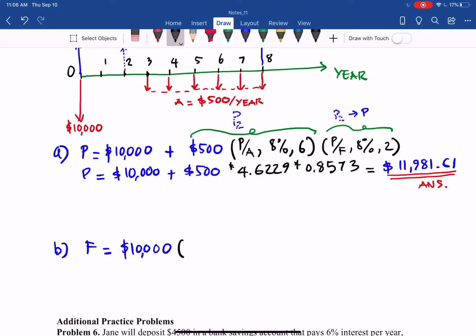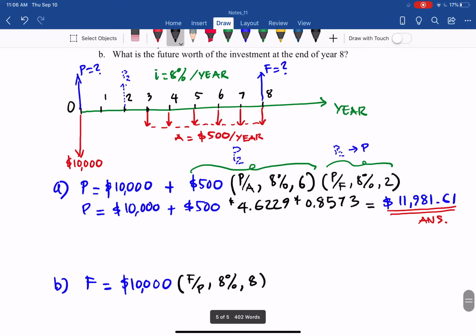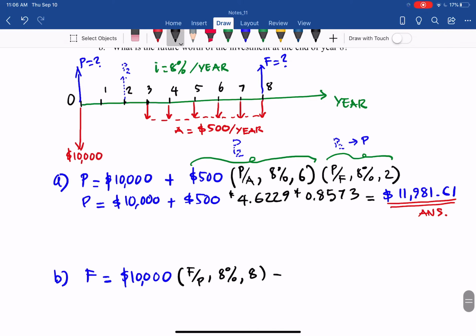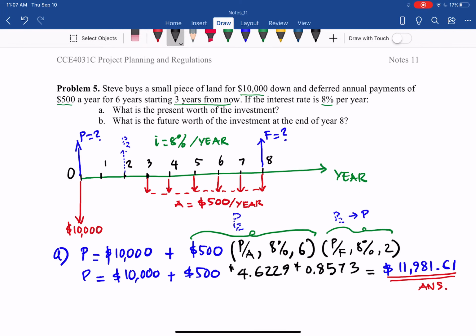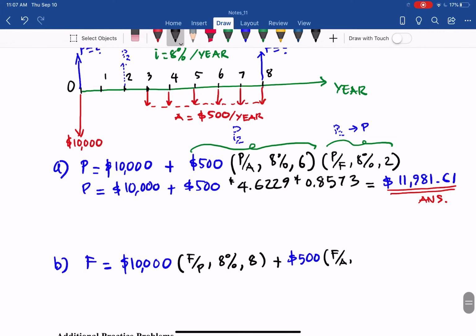So given P, sometime in the past, find F in the future, so F over P, 8%, 8 years, because that is 8 years apart from 10,000 to F at the end of year 8, plus the amount that we pay, $500 for 6 years. Given A, find F, so it will be F over A, 8% for 6 years.